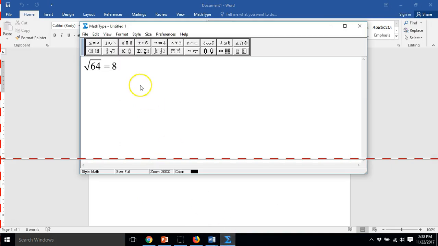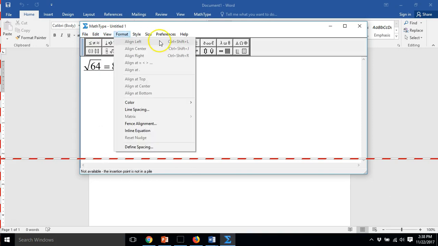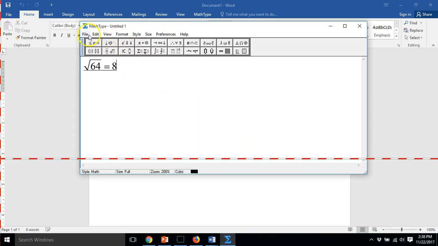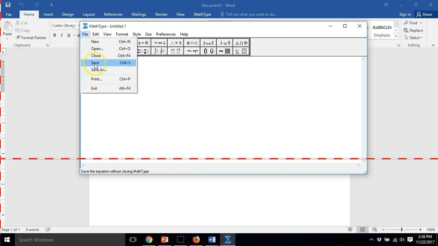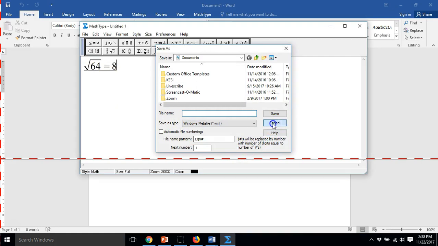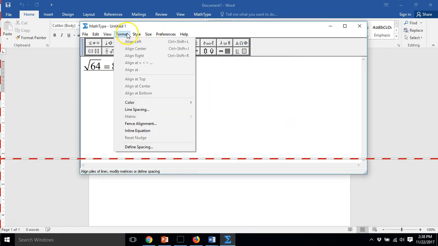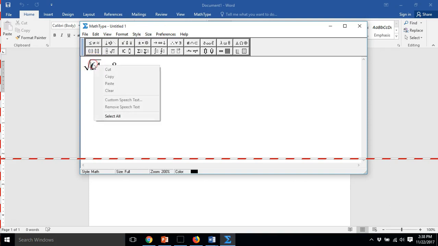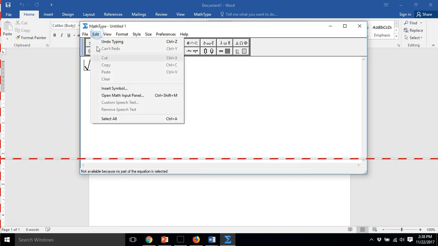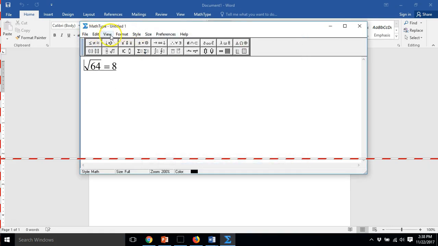And if I have my MathType here, I can go File. Let's see. Normally I would be able to save. You know, because I have Light, let me see here. I'm not quite seeing how I can insert it.